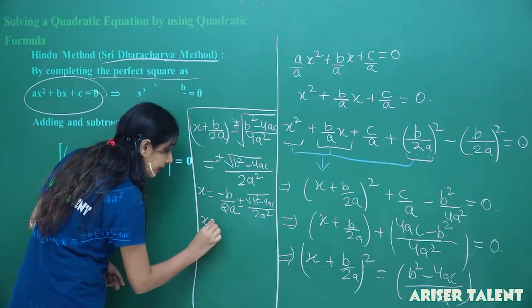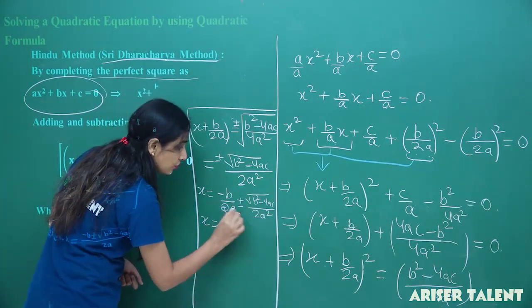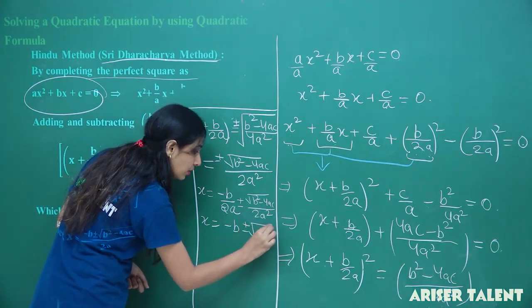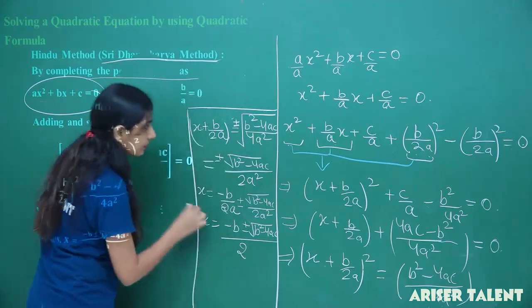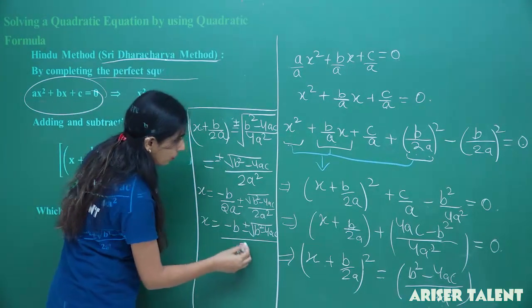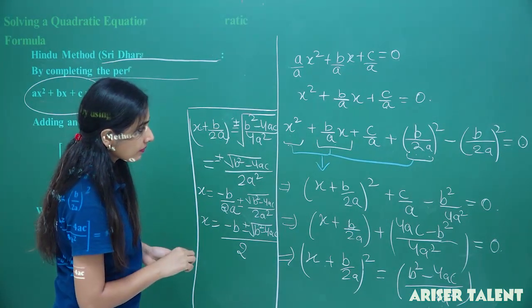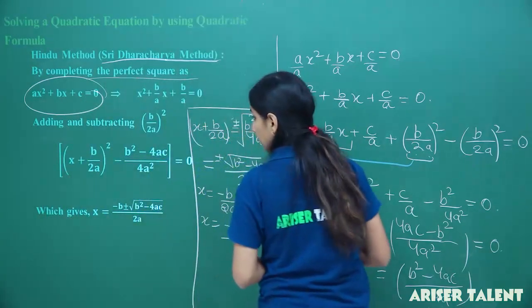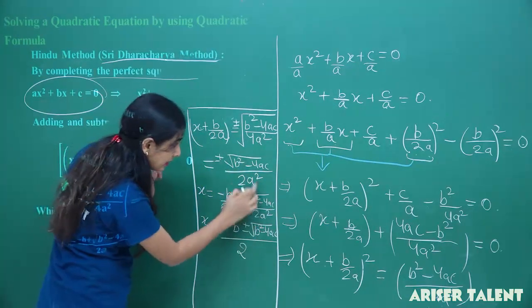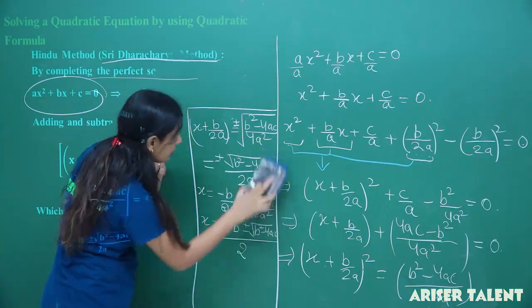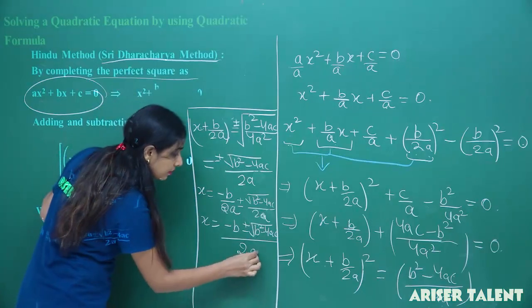So I can write x equals to minus b, now I am taking this 2a as LCM, so that will be plus minus b square minus 4ac all upon 4a square it is. I have taken this root, so that will become 2a also, okay, right. So that will become 2a.